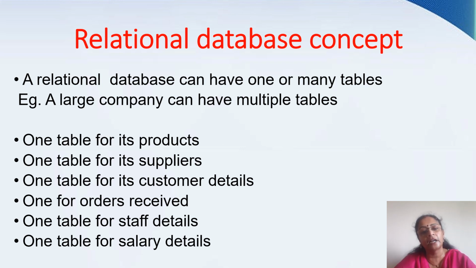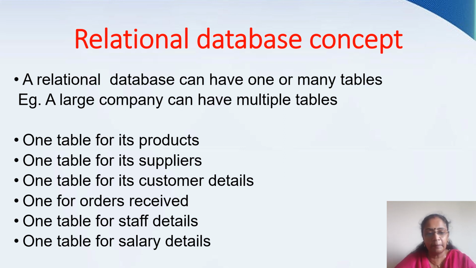is that of a big company. As I told you in the school example, we had one table which contains the details of the students, one for the staff, one for the marks, one for the fees, etc. In the same way, let us take another example which is of a big company. Now here a large company can have multiple tables.